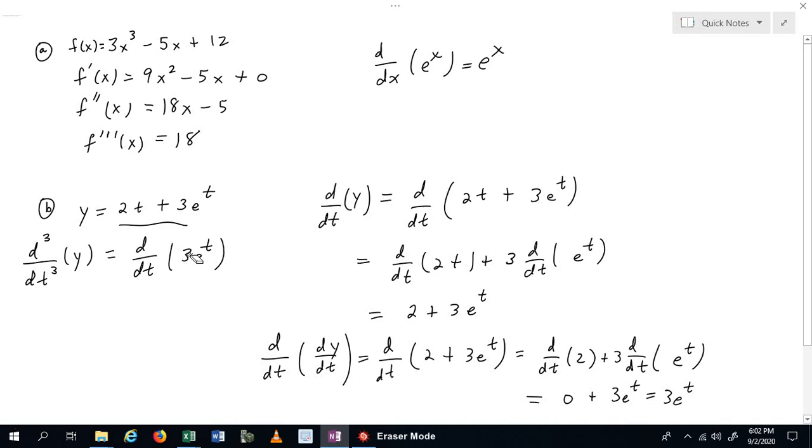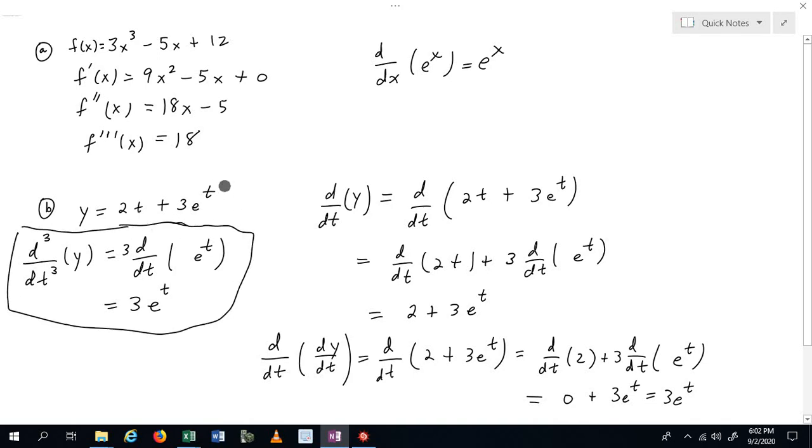And again, you can pull the 3 out front since it's a constant, and then you're taking the derivative of e to the t with respect to t, and you just get e to the t. And so you end up with 3 times e to the t. And so that's the third derivative of this function with respect to time, or t. I'm assuming t stands for time, but with respect to t.